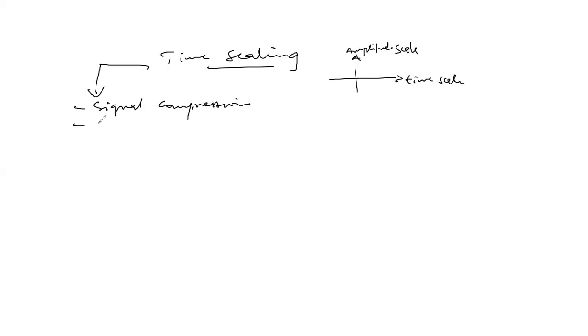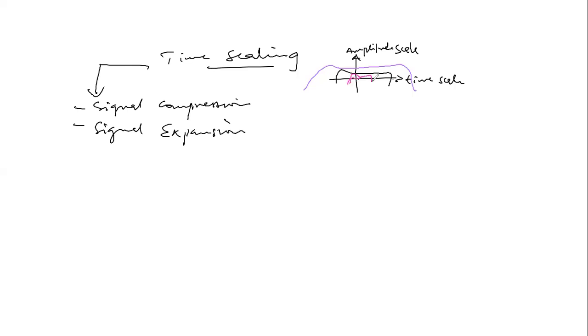If we do this, we are going to achieve one of two things, either signal compression or signal expansion. So you can imagine a signal that spreads over time. If we scale this time, it's either we expand this signal, or better still, we compress this signal.